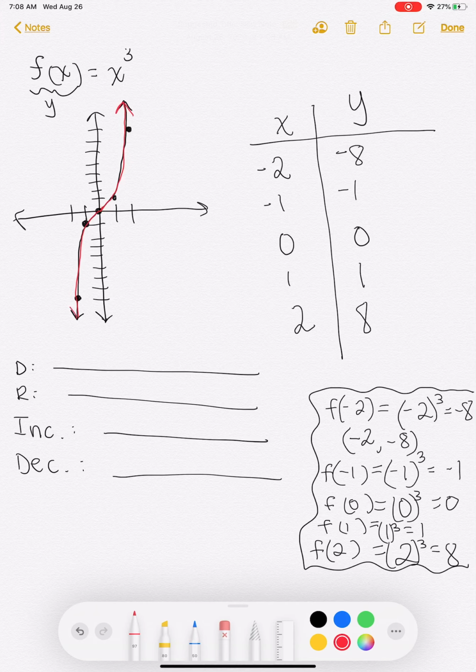All right. So now we want domain, range, increasing, decreasing. For our domain, that's like asking ourselves, are we restricted for what x values we can have? We can either look at the graph or at our function itself. Looking at the graph, remember, domain is left and right values.